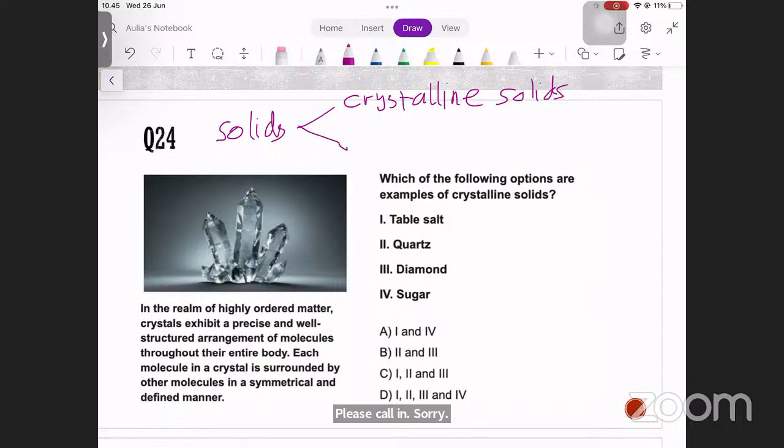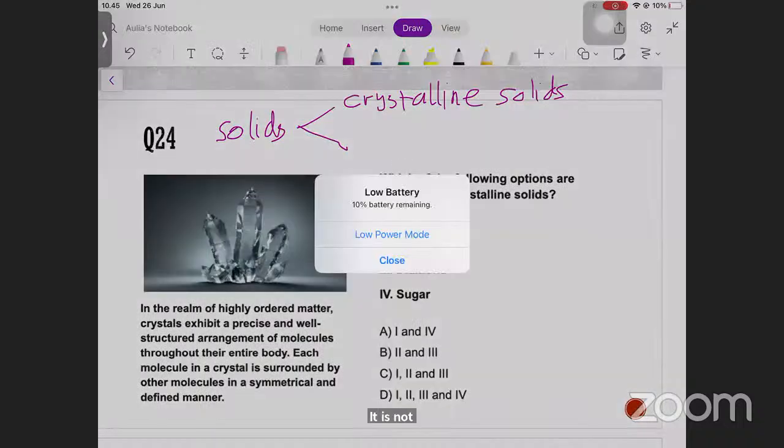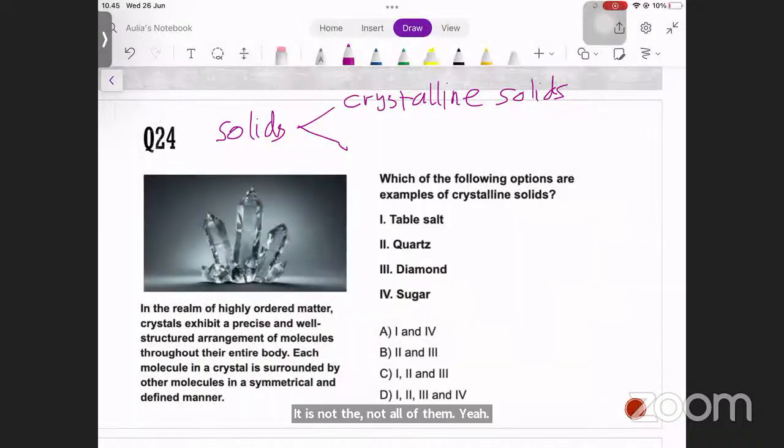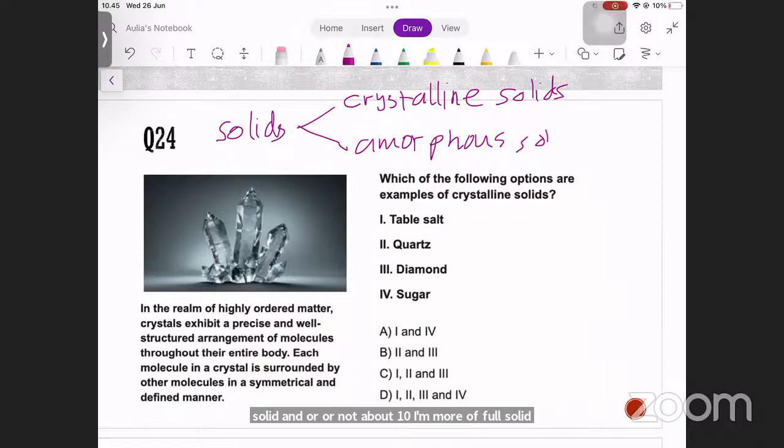Crystalline solid and amorphous solid. So what's the difference between crystalline and amorphous solid? Well, the definition of crystalline solid is as you can see here in the question.